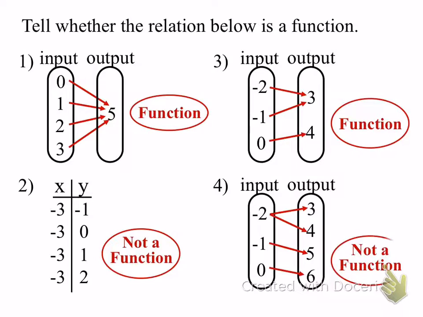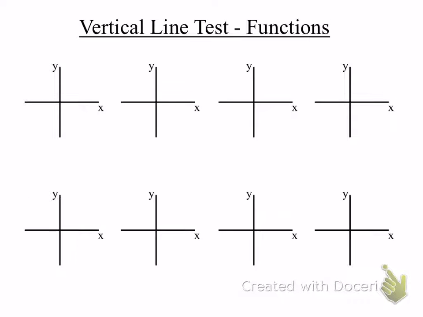Okay, so now we are on to our last way to tell if this is a function, and that is with our vertical line test. Now I'm moving over here and I'm showing them on here.